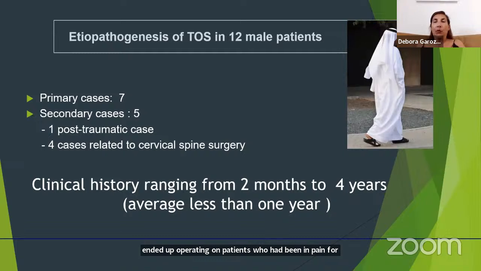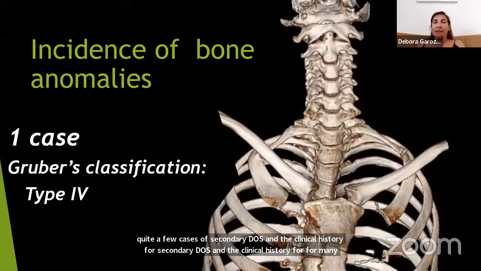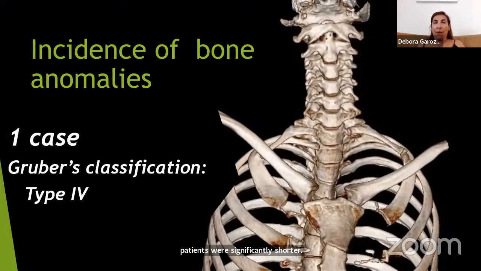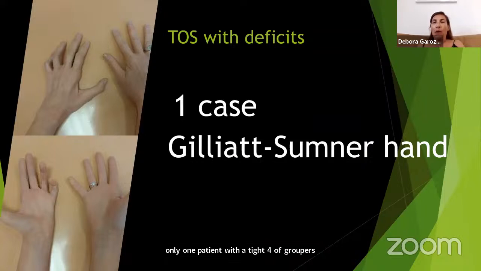Whereas in the group of the male patients, there were quite a few cases of secondary TOS, and the clinical history for male patients was significantly shorter. In my series, in the first 3 years in Dubai, there was only one patient with a type 4 of Gruber's classification for cervical rib, and only one case where there was neurological deficit with a progressive development of thenar and hypothenar muscle waste.